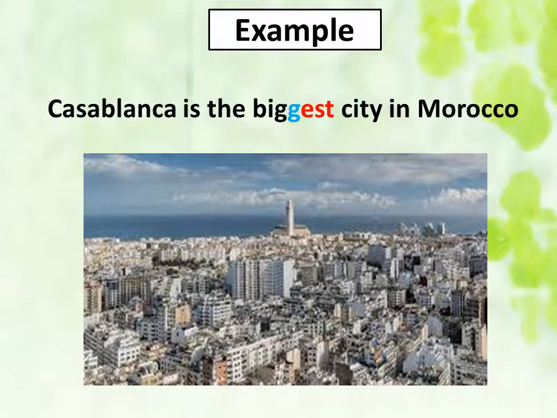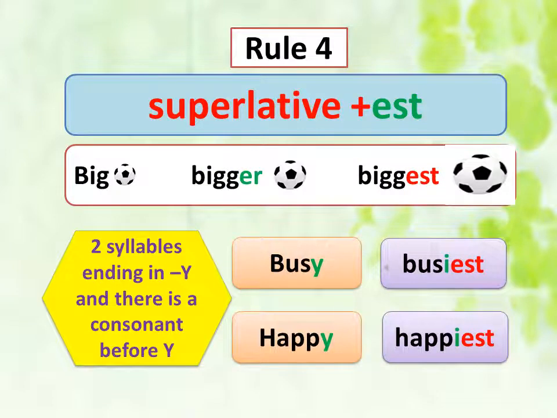Rule number 4. Two syllables ending in y, with a consonant before y. Same as in the comparative. Busy, busiest, the busiest day.